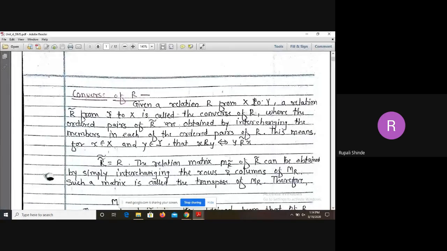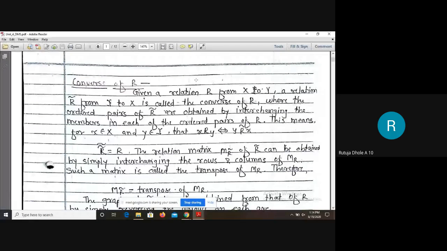Have you understood what is the meaning of converse of relation R? Repeat, ma'am. Okay. Suppose any relation R is defined on two sets x and y. So we can say that relation R is from x to y.